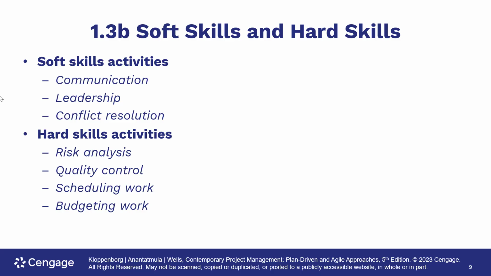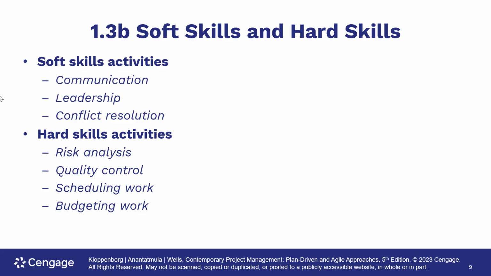You can develop them, but it's more of a human activity. Either you have it or you don't. Either you're good at it or you're not. You can take classes on this type of stuff, but it's more dealing with the human factor of skill sets, dealing with people, collaborating with people.